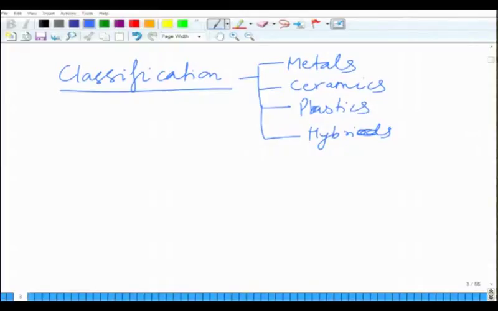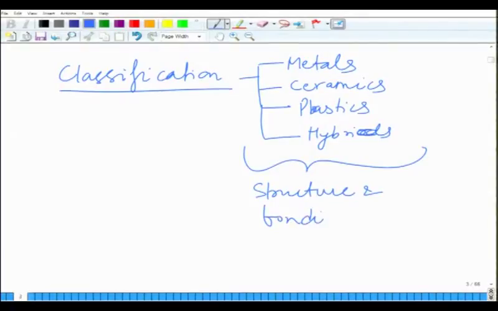So, this classification of materials basically is not only because of properties, but properties are because of structure and bonding. So, the basis behind this classification lies in structure and bonding. As we will see, metals are metallically bonded, and because of bonding they are malleable and ductile.